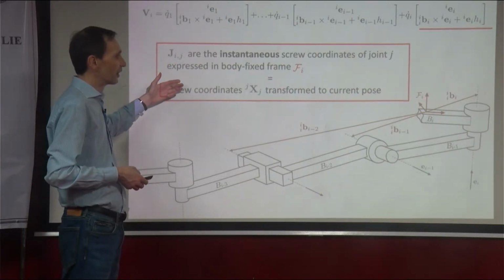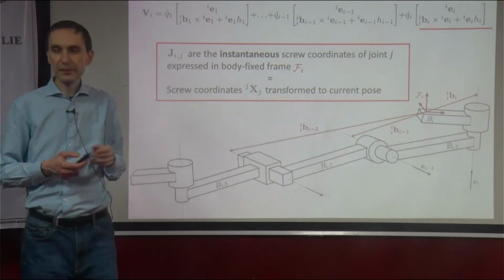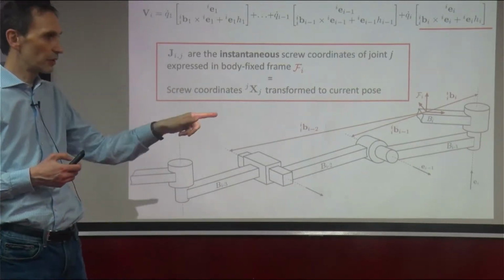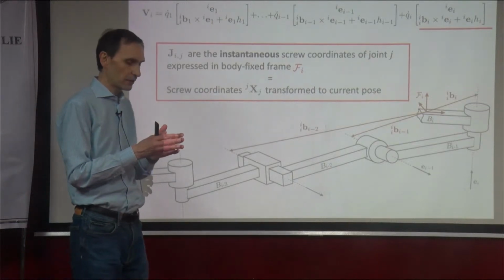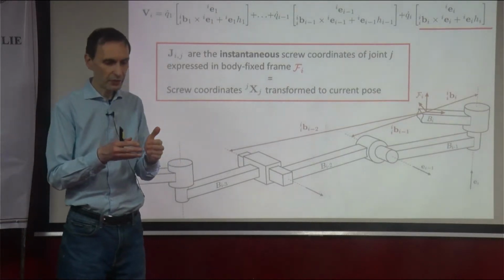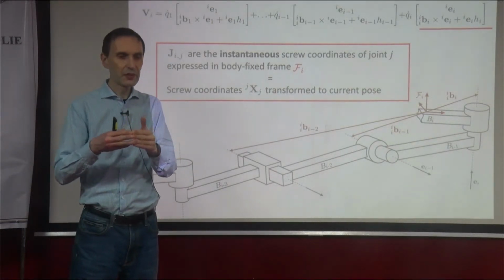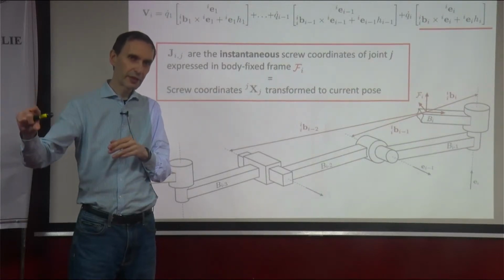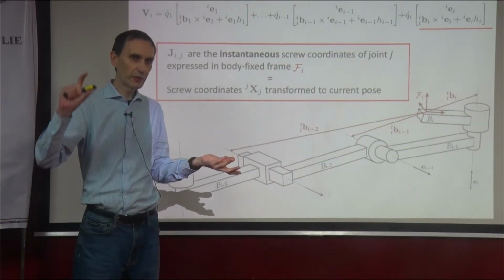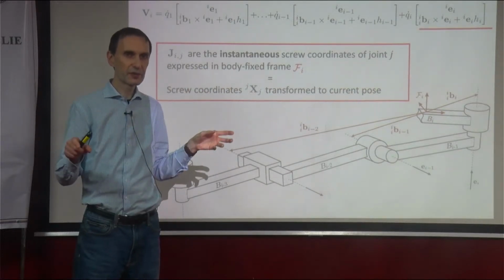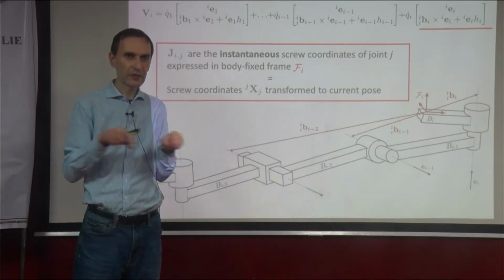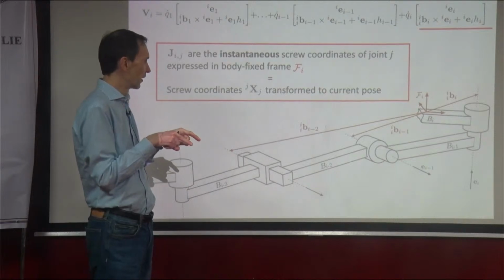What I was saying at the beginning of this second part, which I erased already, is that when you have screw coordinates, or twists, in one frame, you get them in another frame by using this adjoint transformation, this 6x6 matrix.